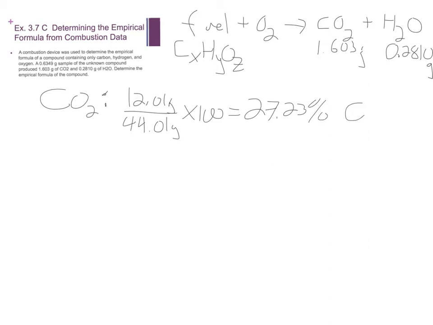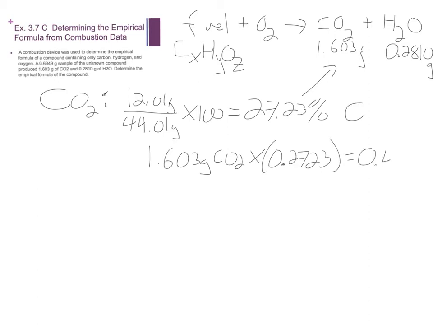Well, that means 27% of 1.603 is carbon. So that gives me 1.603 grams of CO2. And we know that 27%, so 0.2723 is carbon. That's going to give us 0.4365 grams of carbon. Okay, and that originally came from our unknown sample.